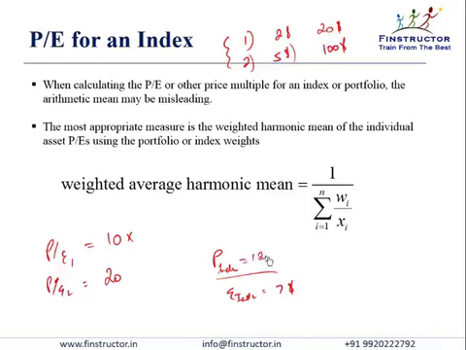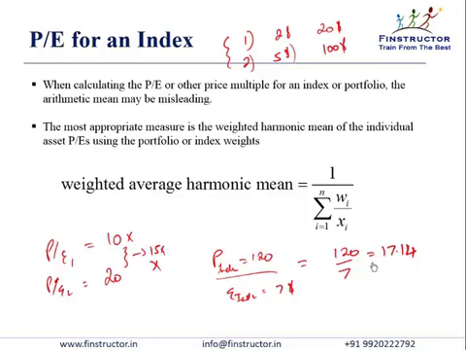So if we pay $120, we are expecting earnings of $7. So the P/E multiple for the index is 120 divided by 7, that is equal to 17.14. Please note, if we just took an average of the individual stocks, then the multiple would have come out to be 15, which is the wrong answer.